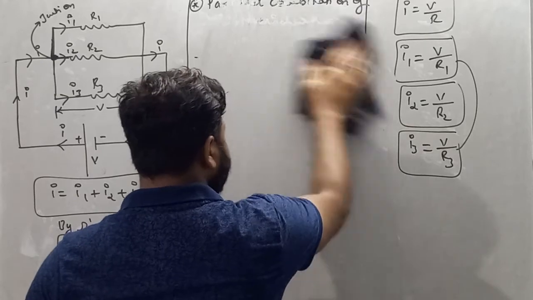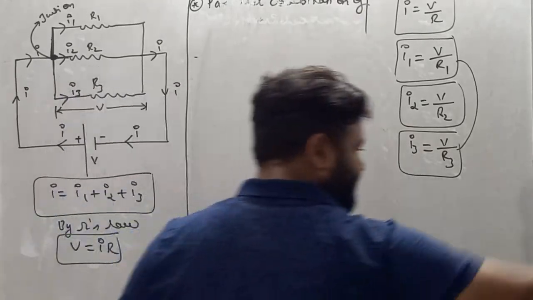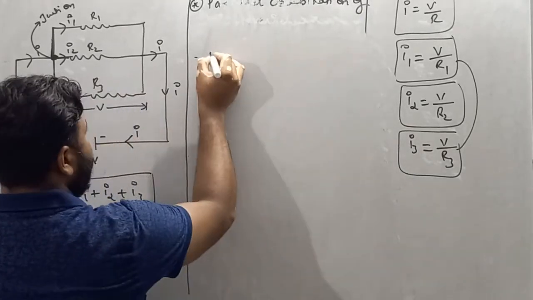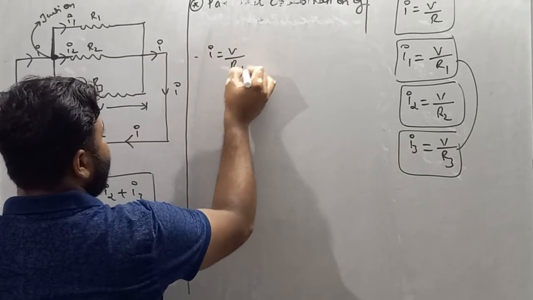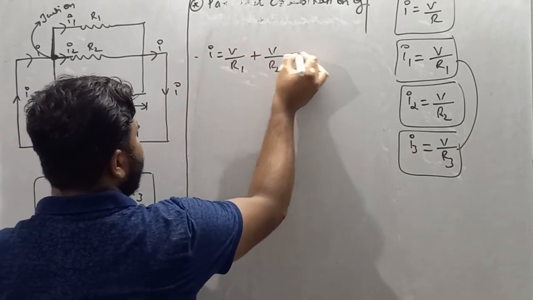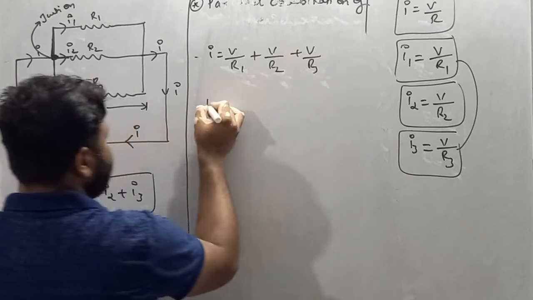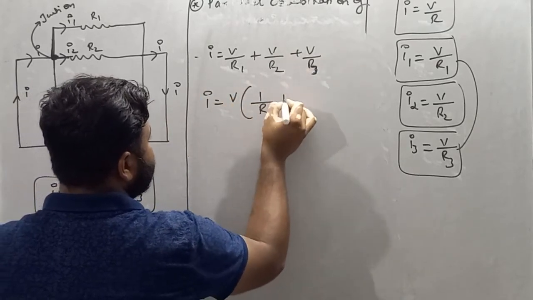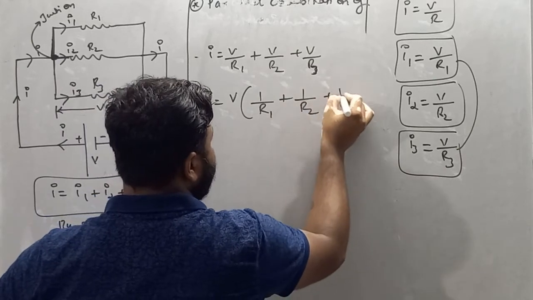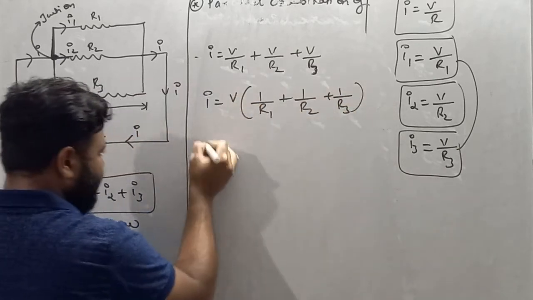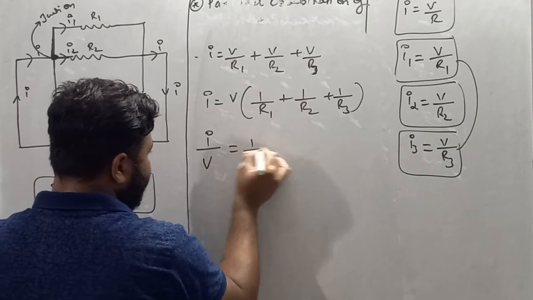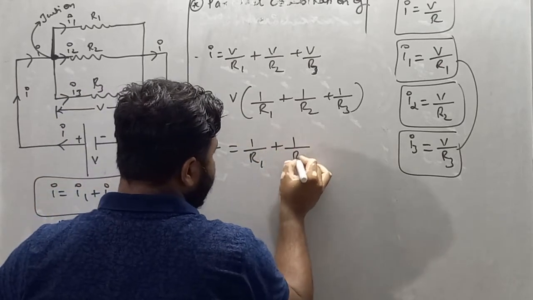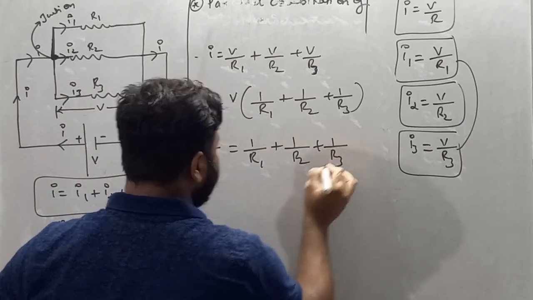We will get I equals V by R1 plus V by R2 plus V by R3. Now V can be taken common, so 1 by R1 plus 1 by R2 plus 1 by R3. V comes down, so I by V equals 1 by R1 plus 1 by R2 plus 1 by R3.